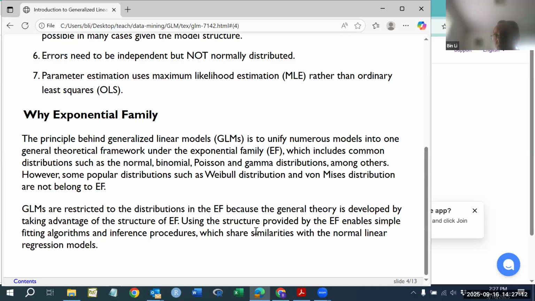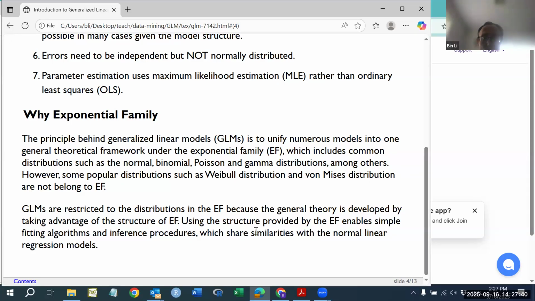You may have this question: why the exponential family? I don't want to touch the details, but the exponential family is used to unify numerous models within that family, so that we can have the same optimization in the software.